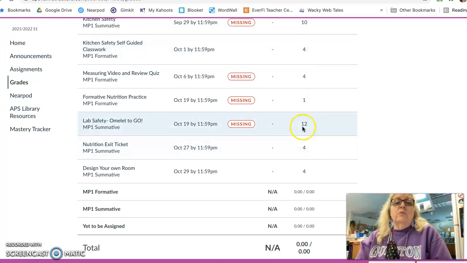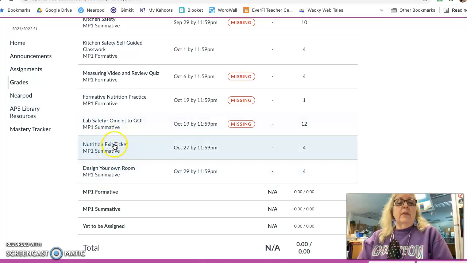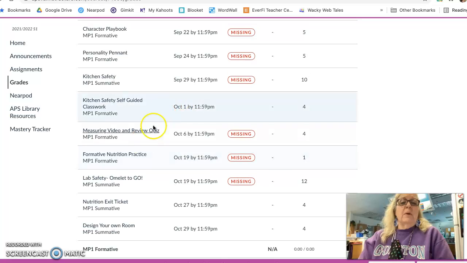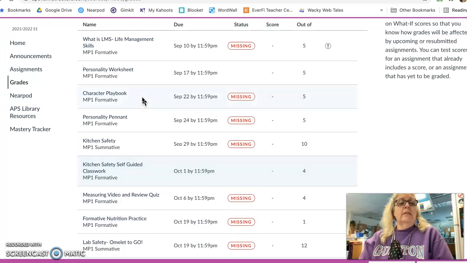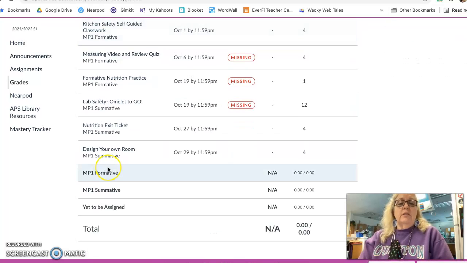But if it's something like this one where it's 12, that means there are 3 standards attached to it. So the bigger the number, the more standards that are attached. When it comes to these 3 summatives here, this one has 3 outcomes or standards, this one has 1, this one has 1, and the formative doesn't really matter just because it's just practicing to get to perfection in the summative.